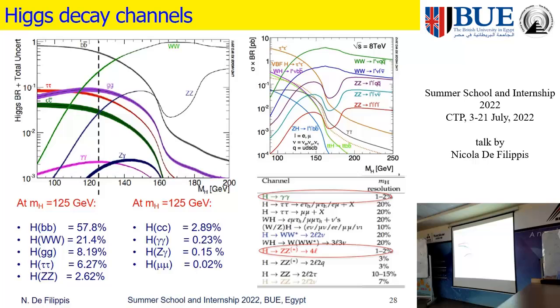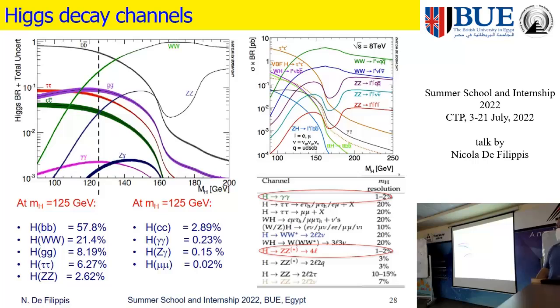While in all the other cases where you have jets, hadrons, neutrinos, and whatever, this could be much more difficult. So, from the experimental point of view, it doesn't matter only the probability that a signal is produced, but also how this signal could be discriminated from the background.